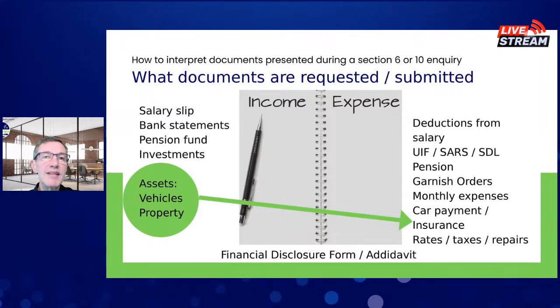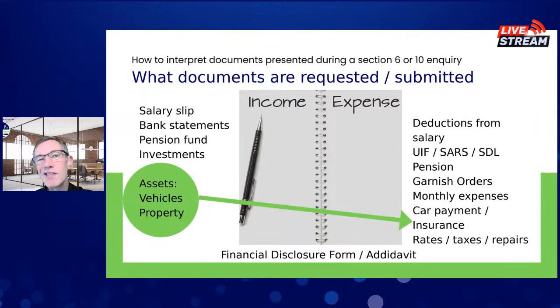Also important, and that's something that is quite often overlooked, is the skills development levy. That is a 1% levy that is also deducted in terms of legislation from the salary slip. I had a case where the salary amount was actually redacted and crossed out, but the skills development levy was not crossed out.